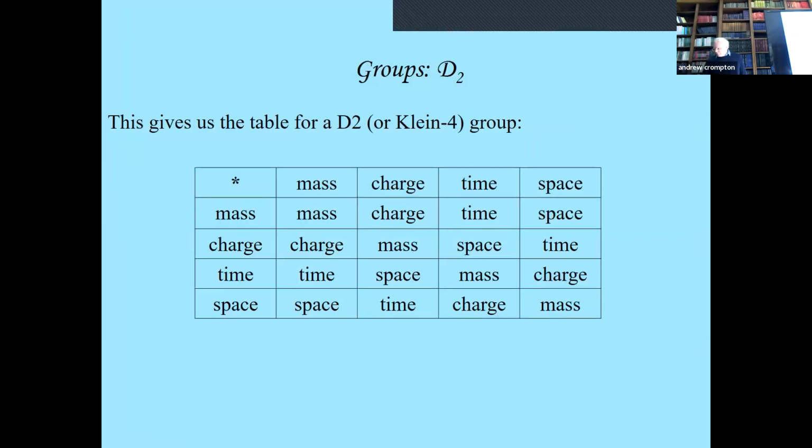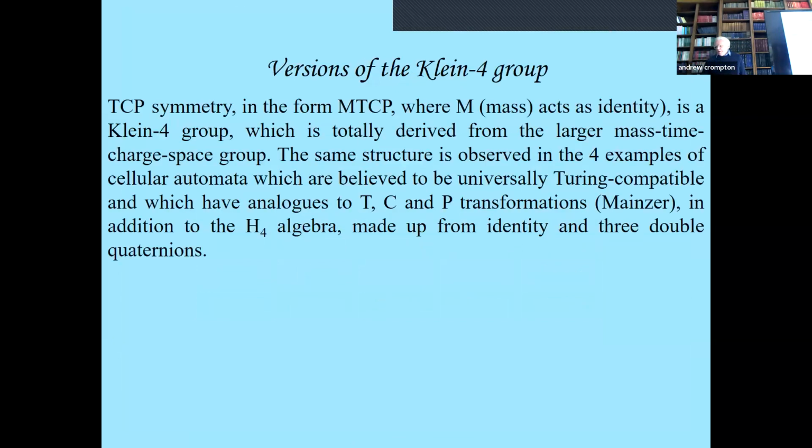We got a table, Klein 4 group, and I'm saying TCP, I need to do it that way because I've got my parameters organized in that form. It's really MTCP, because mass acts as an identity for the group, derived from the larger time, charge, space group. You can see it's mass, time, charge, space, MTCP.